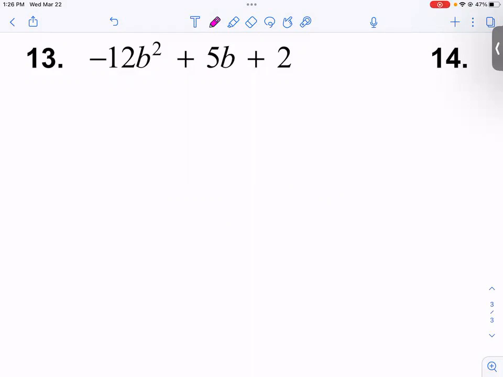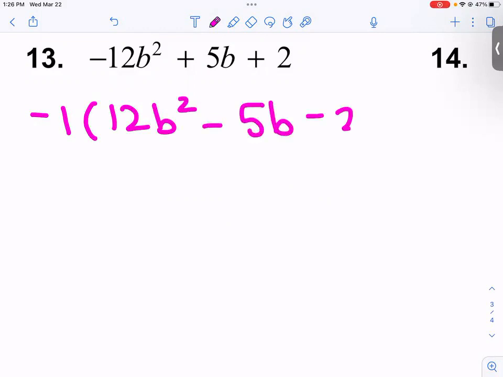So no, there's not a GCF, but I'm going to make you factor out a GCF of negative 1 so that we can work with a trinomial that has a positive leading coefficient. I want that coefficient of your squared term to be positive. If it's negative, you've just created so much more work for yourself, and I don't want that for you.